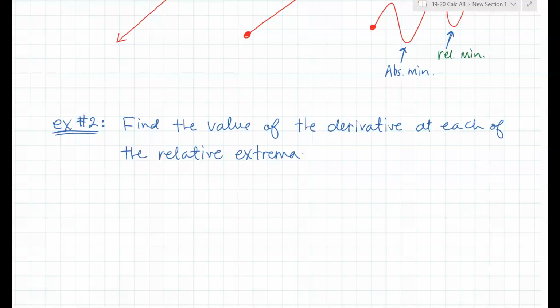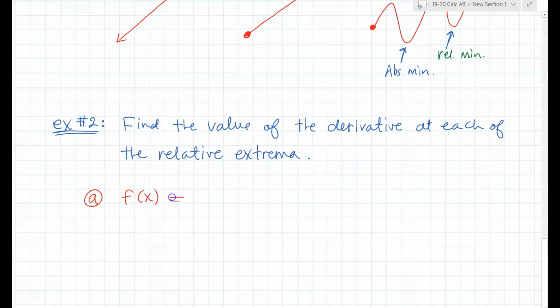Actually, curious if I should do it this way though. Of each of the relative extrema. Okay, so we'll do it this way. I'm going to show you guys a little different way of doing this stuff. Okay, so here we go. Part A.